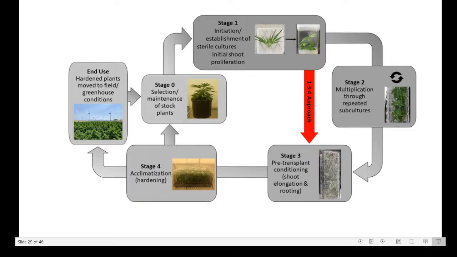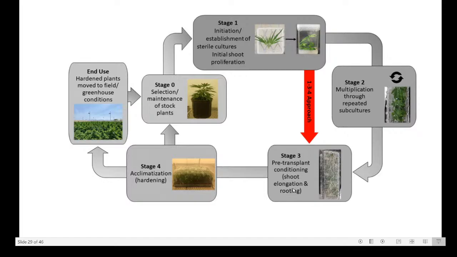And the main thing is the stages. Okay, stage 0 is the start plant. The second stage is initial shoot and root cultivation. Root is the first thing after the root cultivation, and multiplication is through the subculturing process. The third stage is the pre-transplant condition.